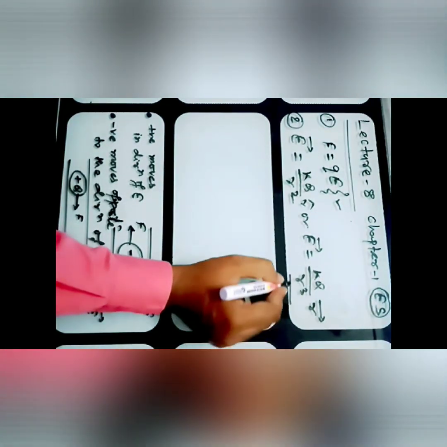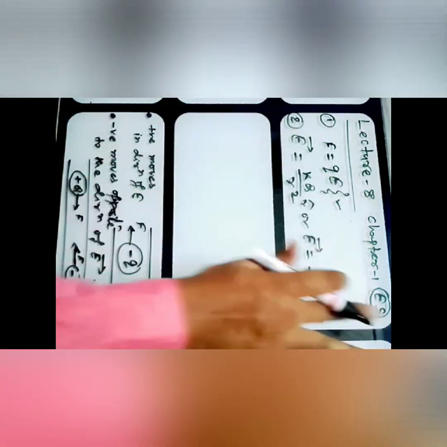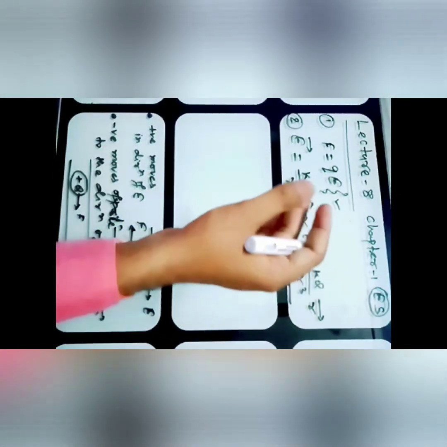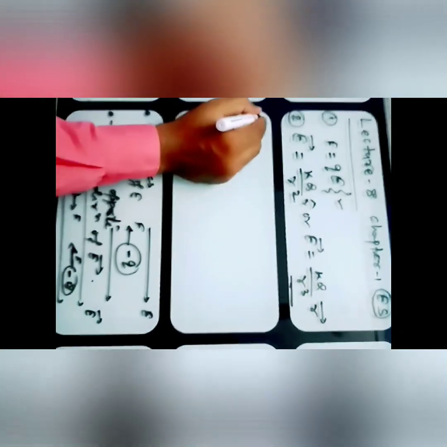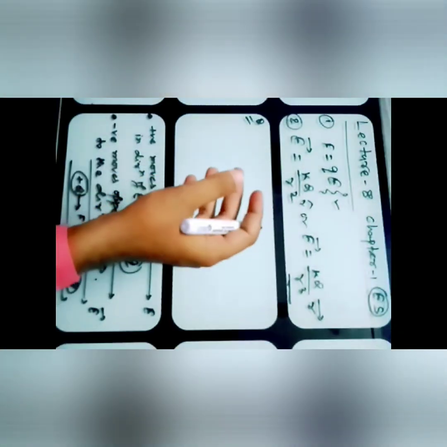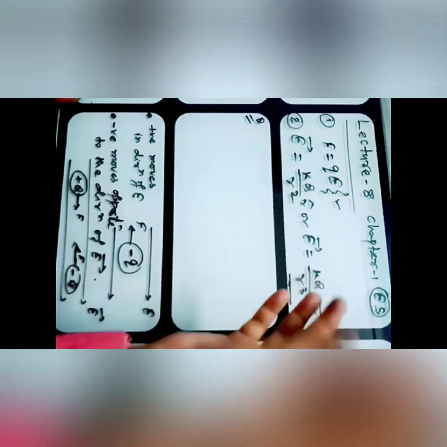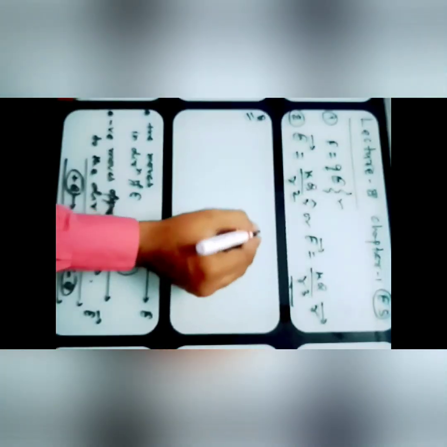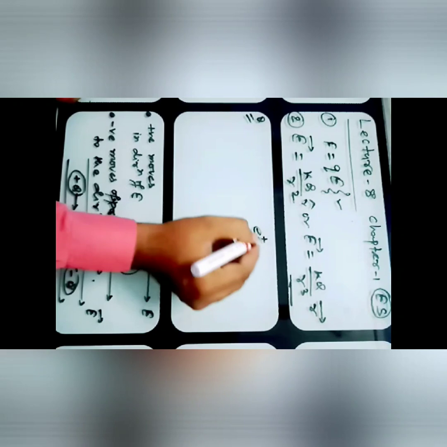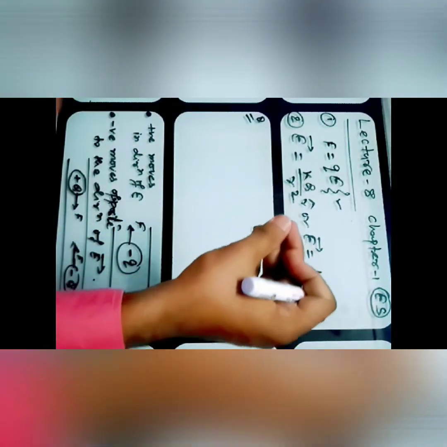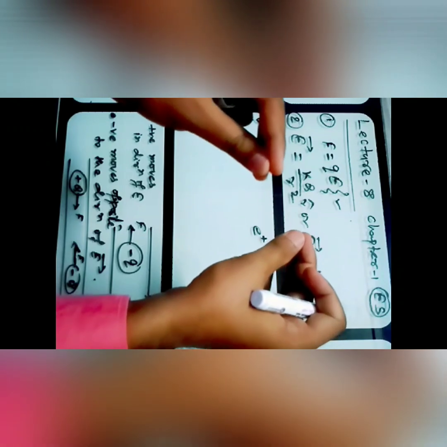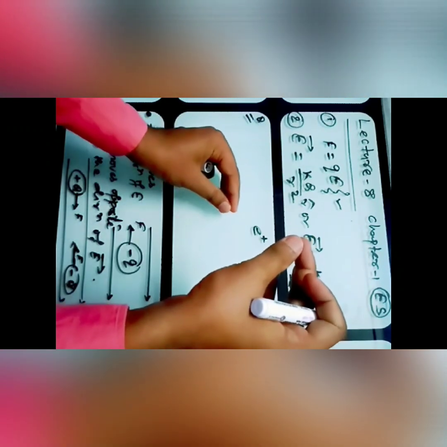Okay, now using these formulas, we'll try to solve a few questions. A very simple question, students: if I'm giving you a proton that is balanced. Suppose this is a proton and it is balanced. I leave the proton. What will happen if we leave a proton? It will move down due to the force of gravity.